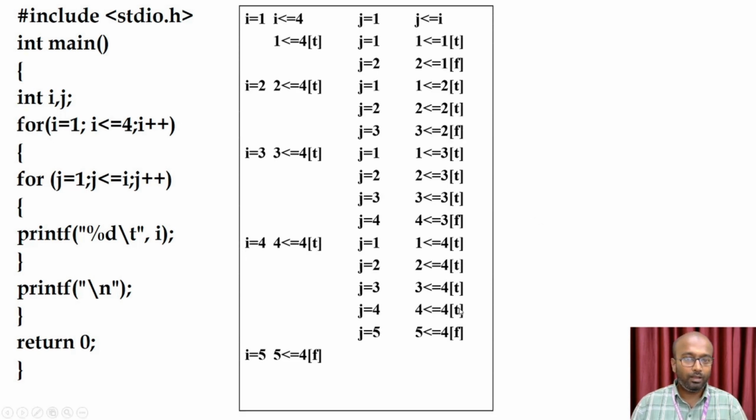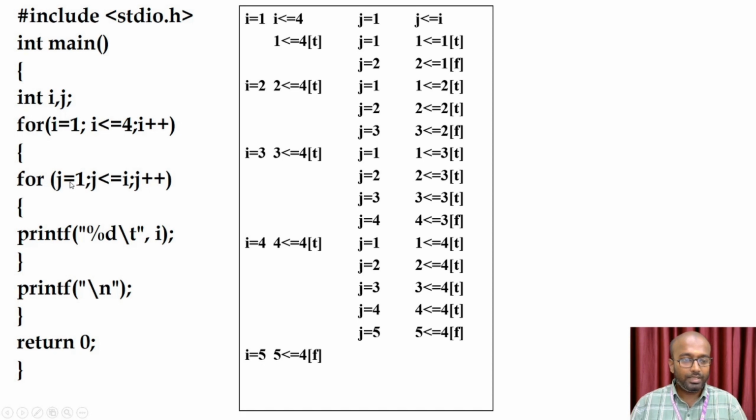At first, the value of i is initialized as 1, and then the condition i less than or equal to 4 is checked. The value of i is 1, so 1 less than or equal to 4, the condition is true. It enters the inner block and executes the inner for loop.